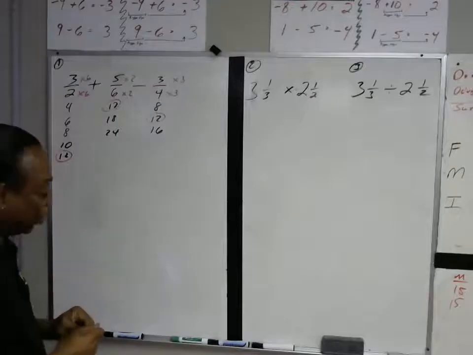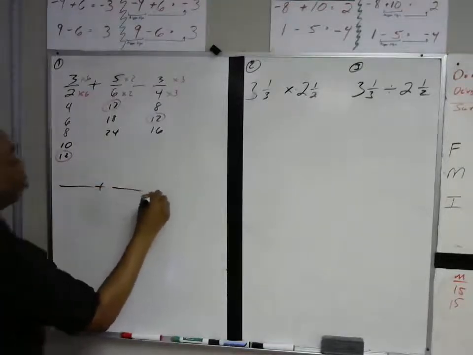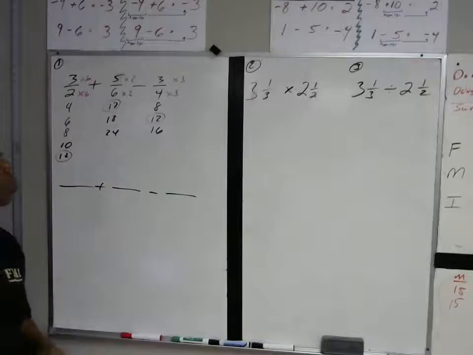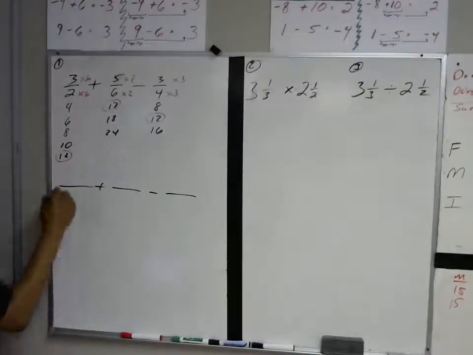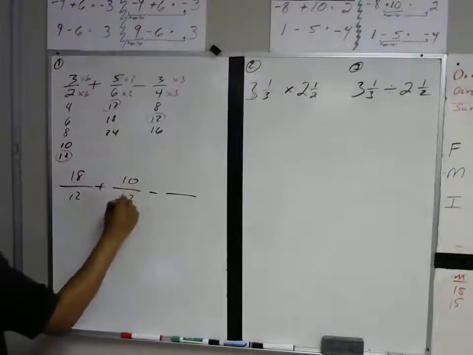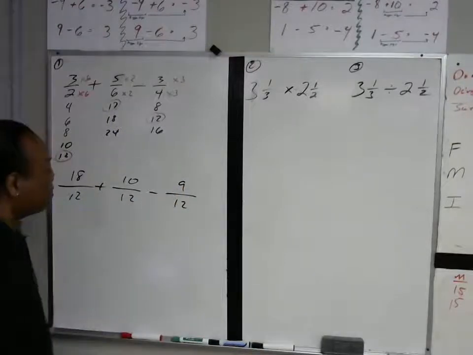So let's rebuild our fractions. Okay, and we're going to multiply 3 times 6, 2 times 6, 5 times 2, 6 times 2, 3 times 3, and 4 times 3. We'll get 18 over 12, 10 over 12, 9 over 12.